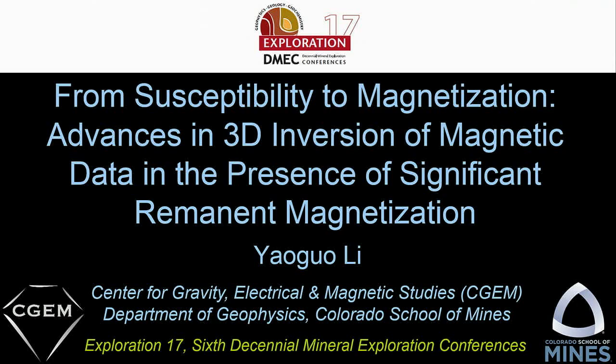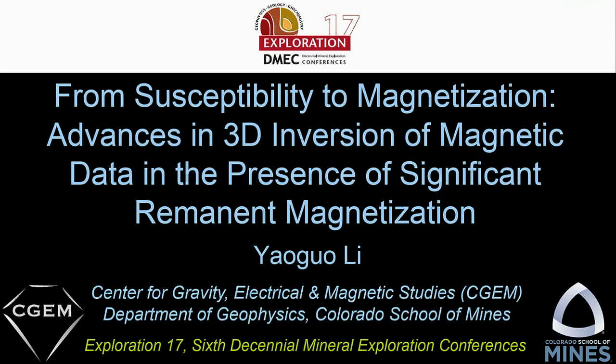Well, our next speaker, very dear to my heart, is Yago Li. Yago received his BSc from the Wuhan College of Geology in 1983 and a PhD from UBC in 92. He's currently a professor in the Department of Geophysics at the Colorado School of Mines, and he directs the Center for Gravity, Electrical, and Magnetic Studies, CGEM, and leads that group.